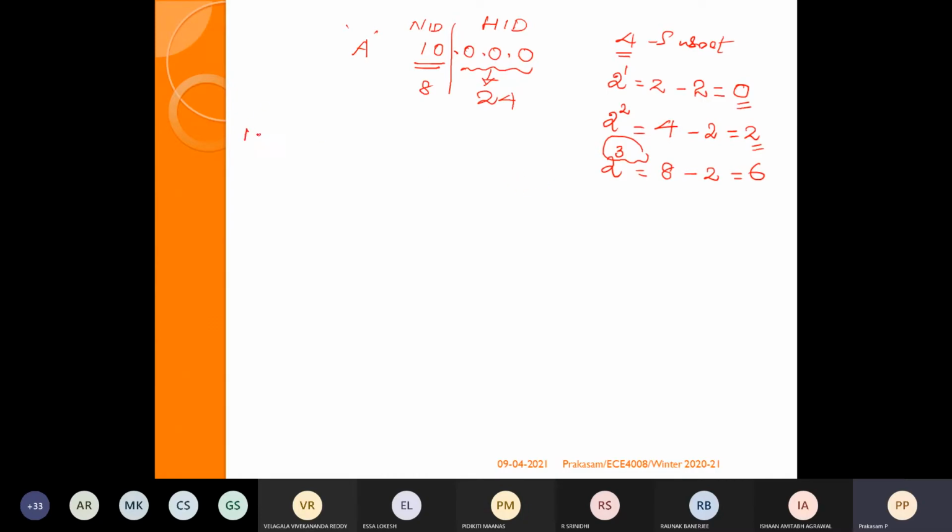So 10 dot, the remaining last 2 fields will be as they are. In the second field, the first 3 bits I am allocating for the subnet, and the remaining are the host ID.